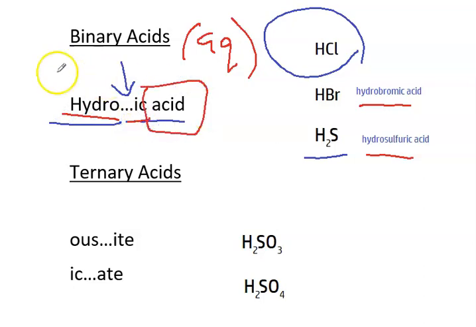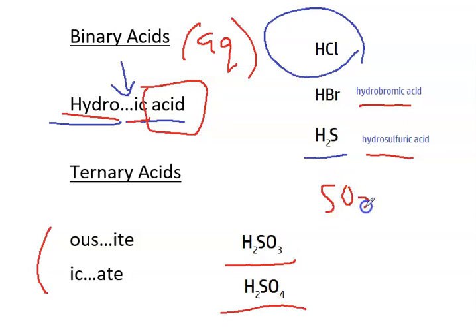Let's move on to ternary. These acids have a polyatomic ion along with H. We see SO3 and we see SO4. Now, over here, I have ite goes to ous and ate goes to ic. In other words, SO3 2 minus is the polyatomic ion sulfite.